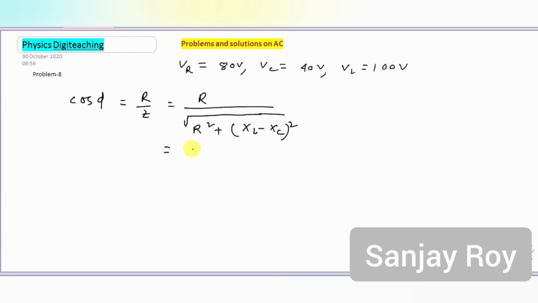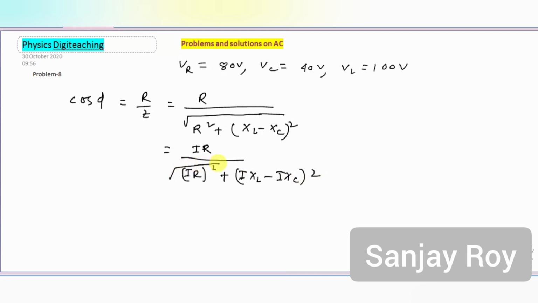Now if we multiply the denominator and numerator by I, then we get IR over the root of I into R whole square plus I into XL minus I into XC whole square.